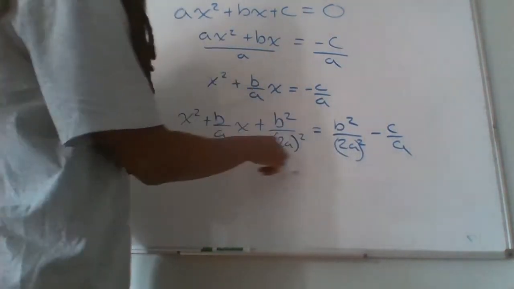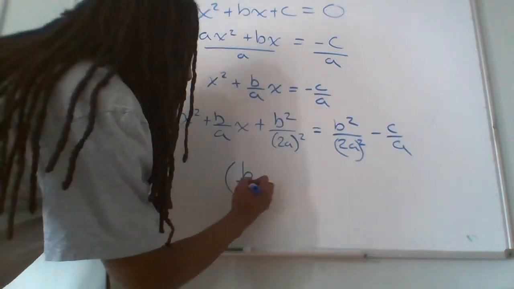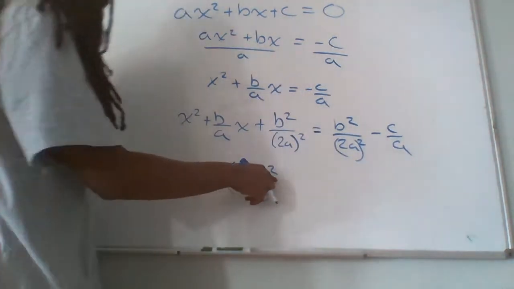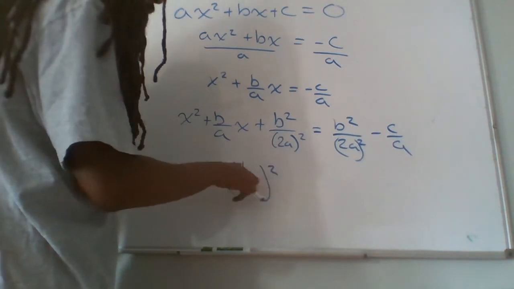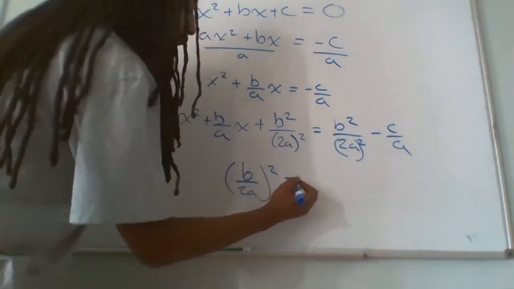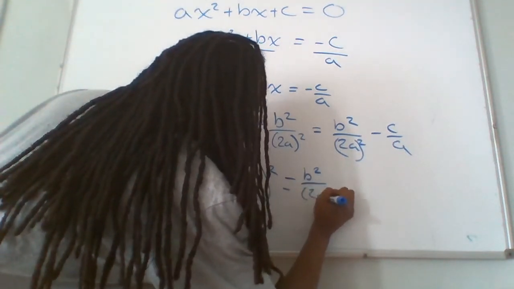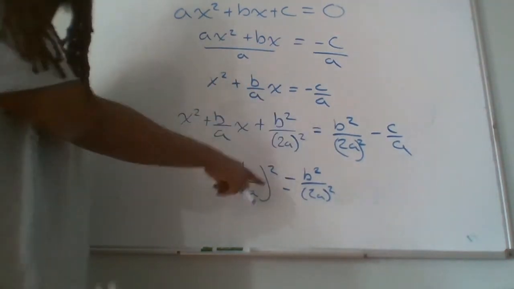Now, if you're wondering what I did here, when you have something that's squared, say you have b over 2a squared, you can transport this 2 to the b, this squared to the b and to the 2a. So what I mean by that is this equals b squared over 2a squared. In case you missed that step.